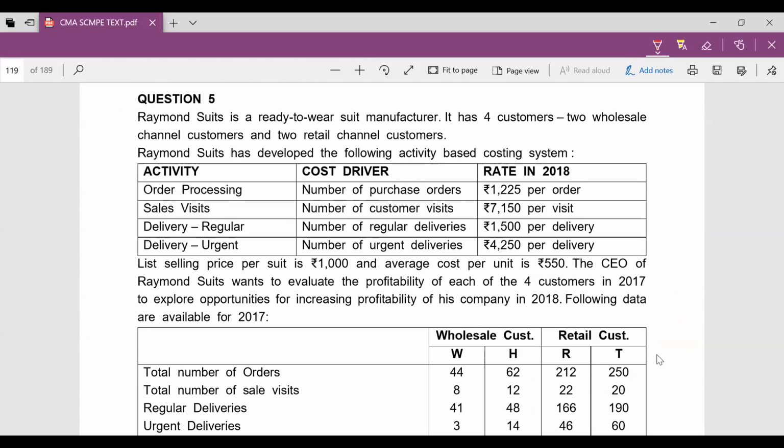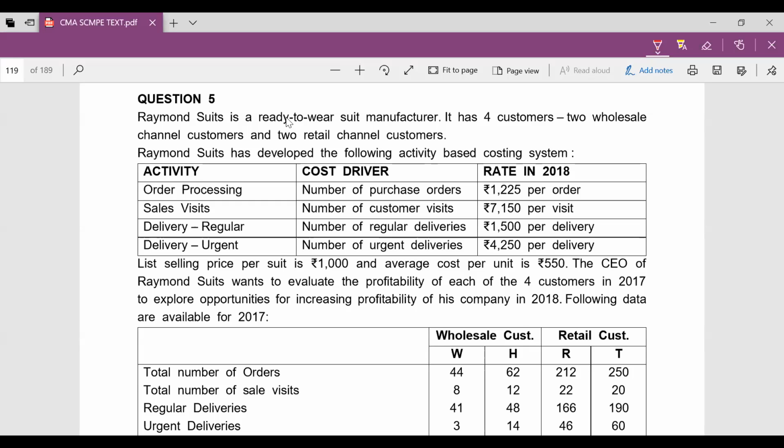Raymond Suits is a ready-to-wear suit manufacturer. It has 4 customers, 2 wholesale channel customers and 2 retail channel customers. They have given you the activity-based costing system of Raymond Suits.